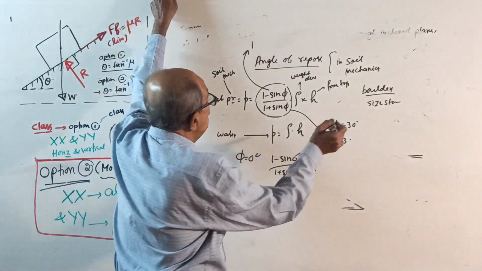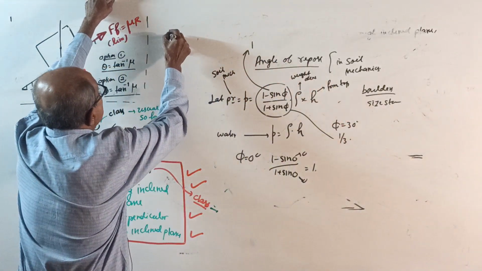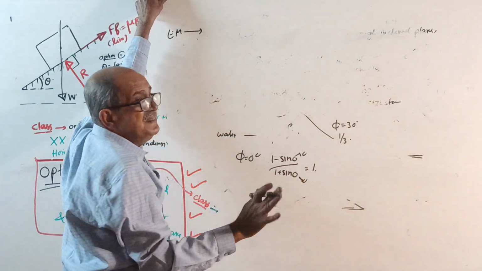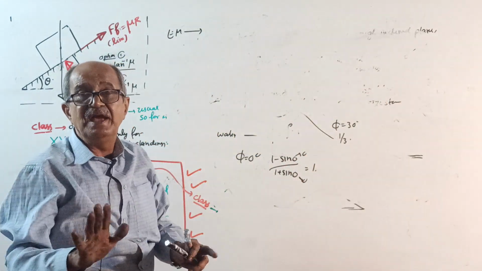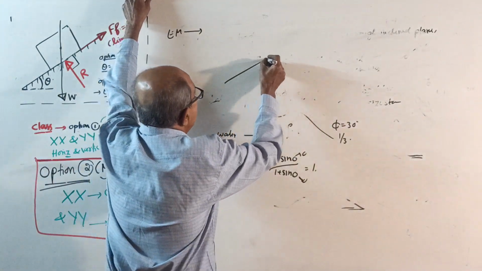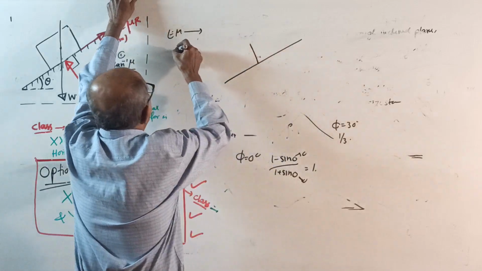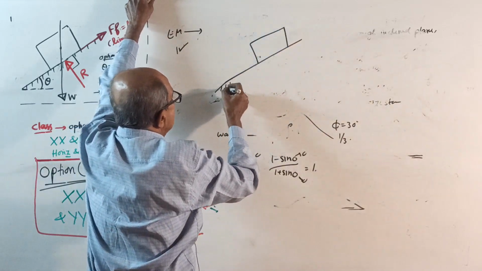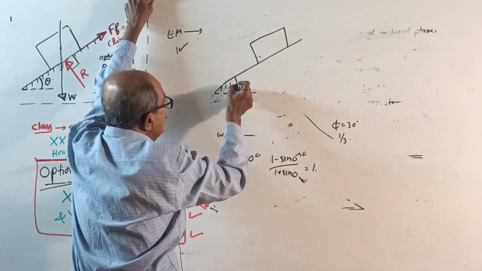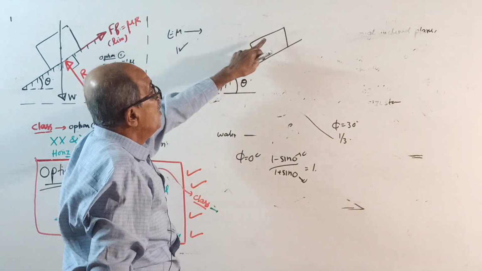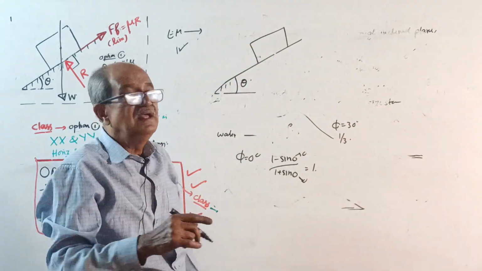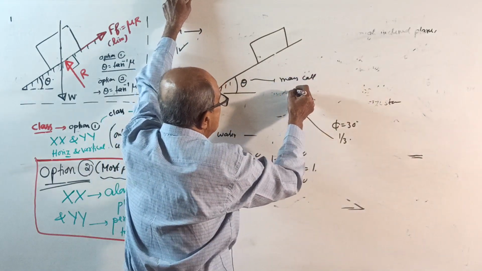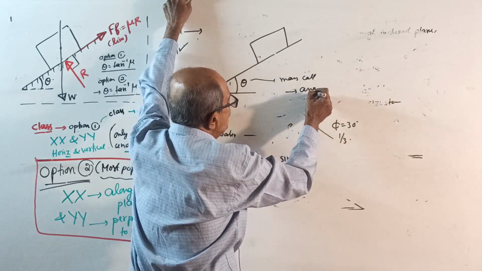Now in engineering mechanics, you make a last note. Many people say this, but I don't agree with this statement. If you place a weight on a rough inclined plane, the angle at which the body is on the verge of sliding, many people call it the angle of repose.